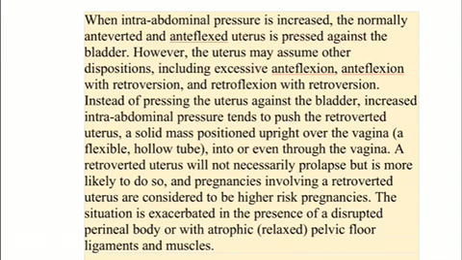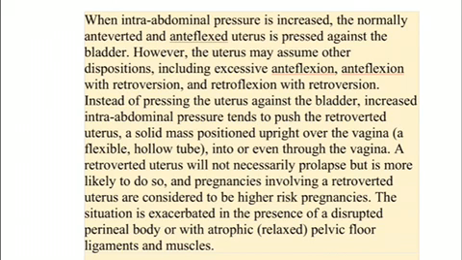A solid mass is positioned upright over the vagina. So you see it as a solid mass projected. The uterus is projected as a solid mass positioned over the vagina. You now have the vagina inferior to the uterus; it now appears as a flexible hollow tube.